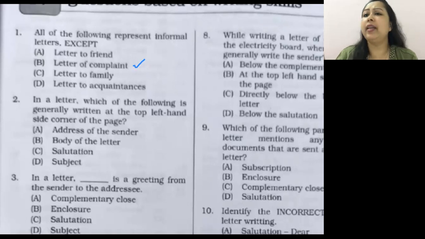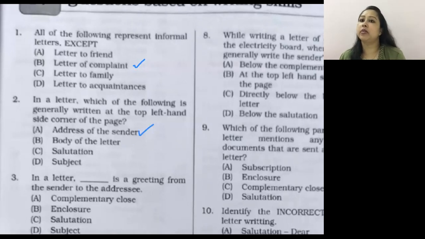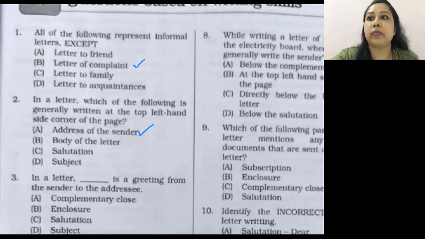It is the address of the sender, irrespective, beta, be it SSC or ICSE, be it traditional format or modern block format. You write the address of the sender at the top left hand side corner of the page, right? Okay. Next one.